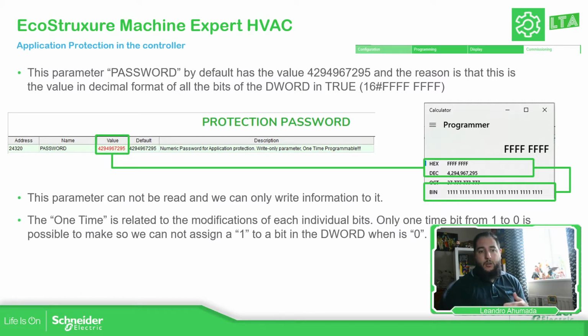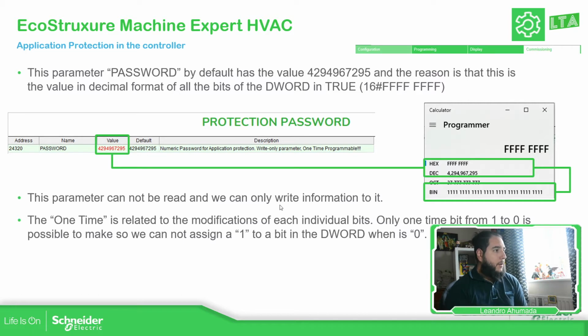So you can write multiple times, but only changing 1 to 0. For example, you change the first bit from 1 to 0, and then you write again the same number, but changing also another bit.